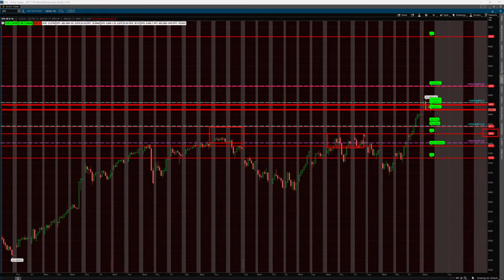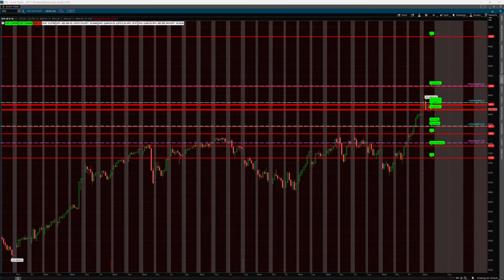And then acting as resistance the previous week, the week before last, and then last week on Friday it finally broke above that level with a rally that began on Wednesday last week. And now it looks like SPX may be consolidating.